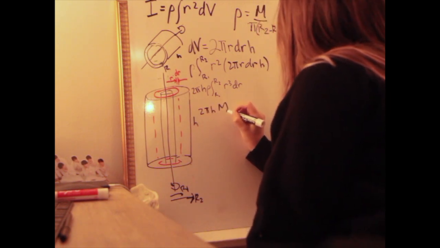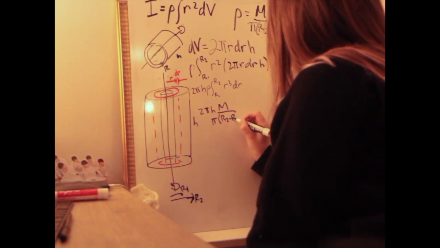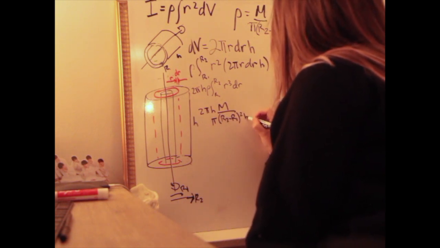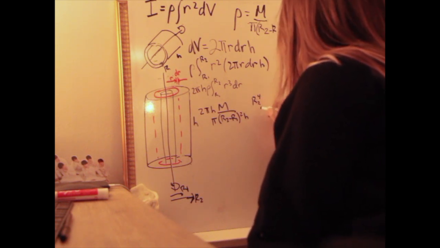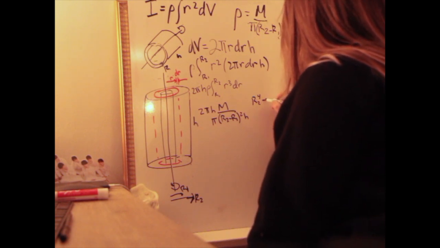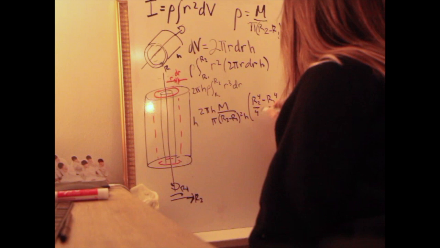I'm plugging it in now, because I want to. So it's m over pi times R2 squared minus R1 squared times h, times R2 to the 4th minus R1 to the 4th all over 4.